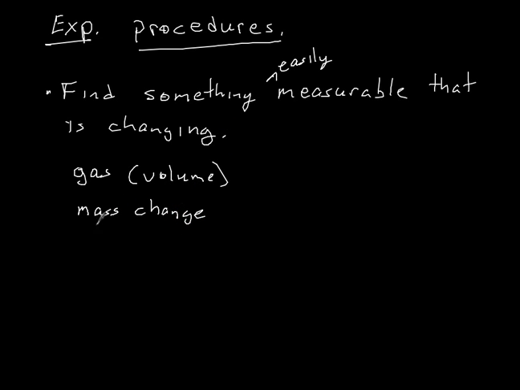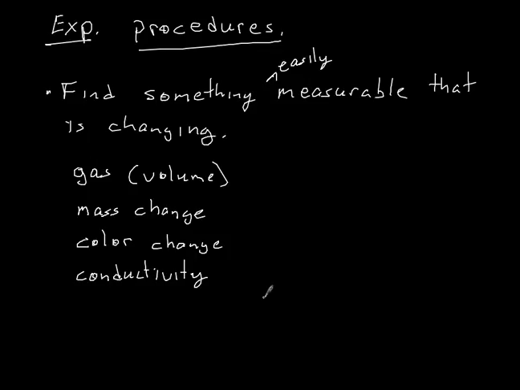A color change can be used. If the chemicals are colored and the reaction causes the chemicals to become clear, or vice versa, then you can use a colorimeter and measure the rate at which the color is changing. You could measure the conductivity. Let's say that the solution conducts electricity, and after the reaction it won't.